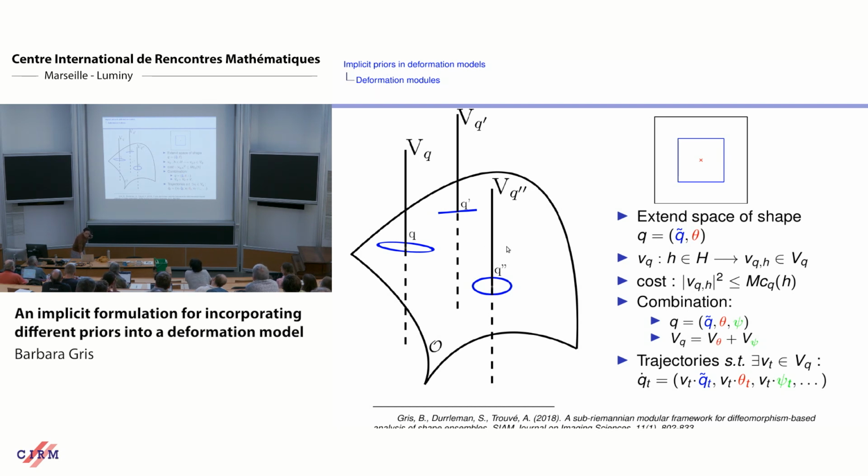So you only follow trajectories such that the speed of the extended shape is given by applying one vector field that this extended shape can build.